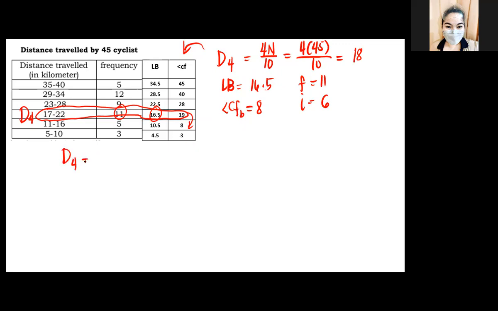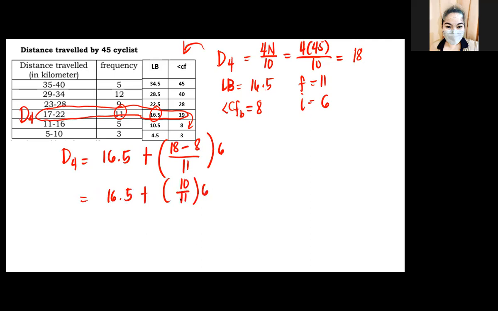So, Decile 4 is equal to, substitute natin siya, 16.5 plus 18 minus yung below, 8, divided by the frequency, 11, times 6. So we have 16.5 plus 10 divided by 11 times 6. So what is 10 divided by 11 times 6?